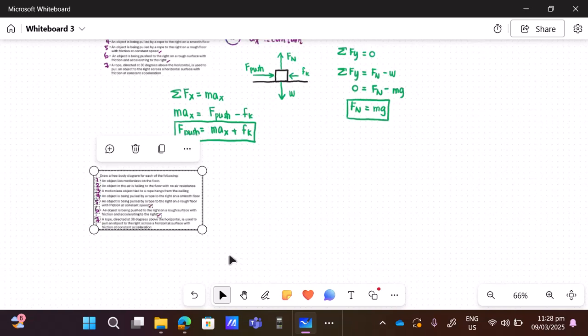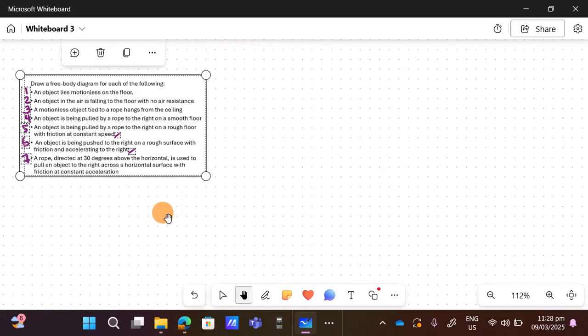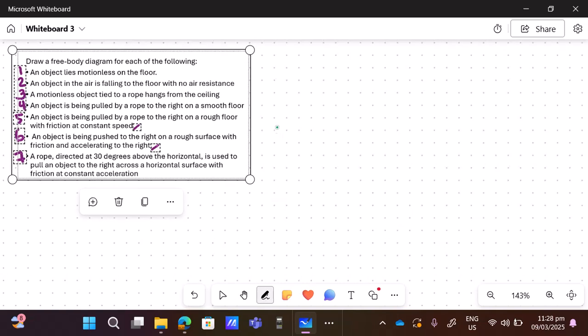But what if, for example, our object, box lang gyapon, is tied with a rope? For number 7, a rope directed at an angle 30 degrees above the horizontal is used to pull an object to the right across a horizontal surface with friction at constant acceleration.